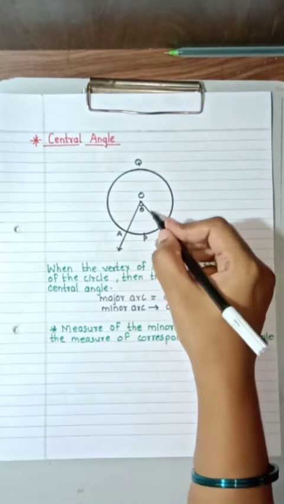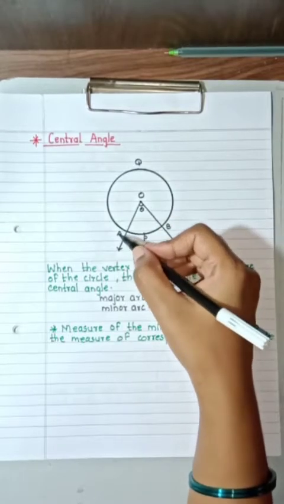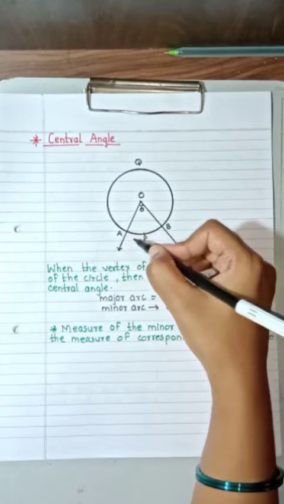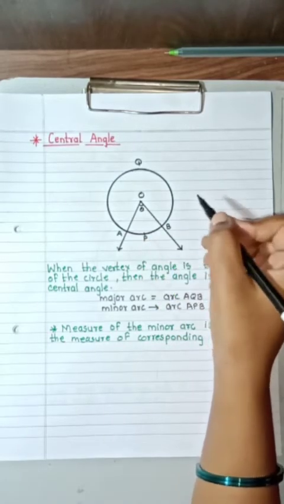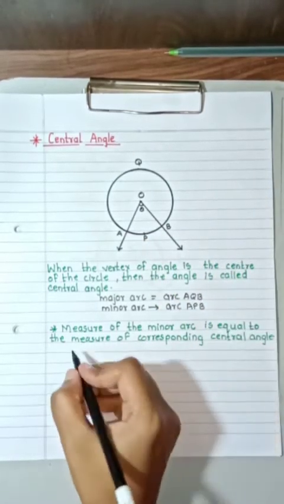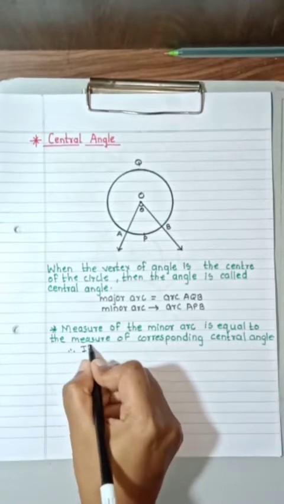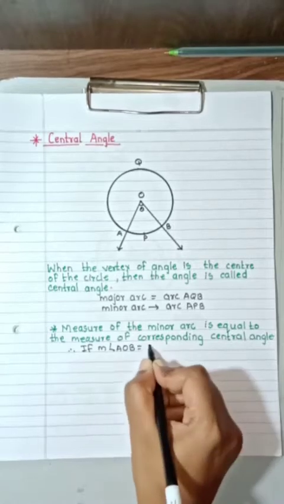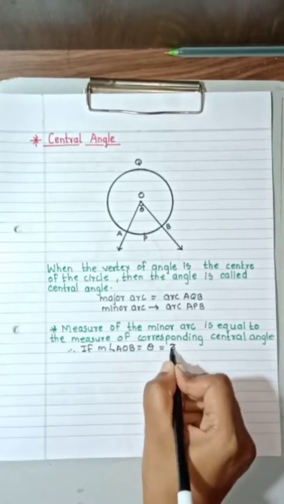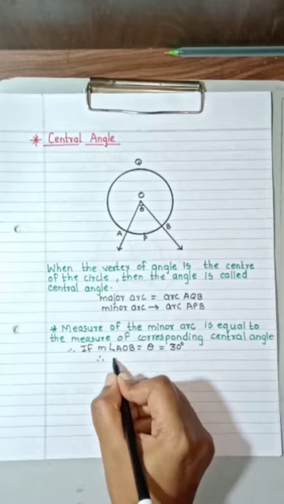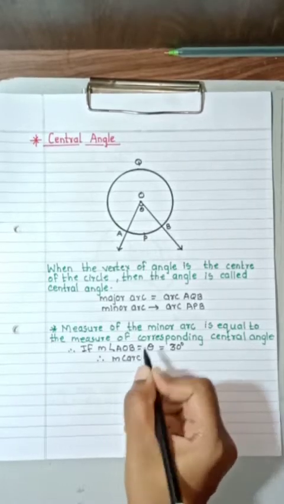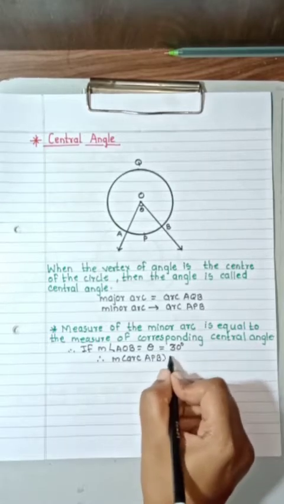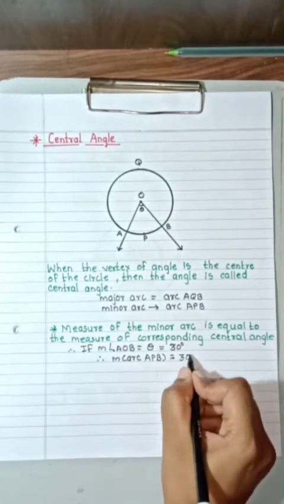Now suppose theta is equal to 30 degrees. Therefore angle AOB is equal to theta is equal to 30 degrees. Therefore arc APB will also be 30 degrees.